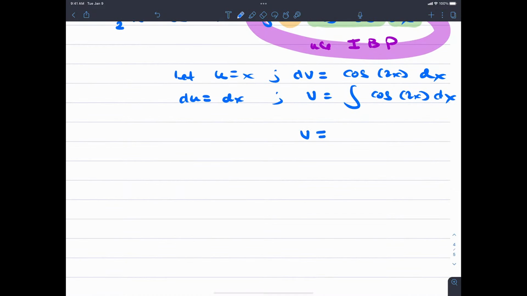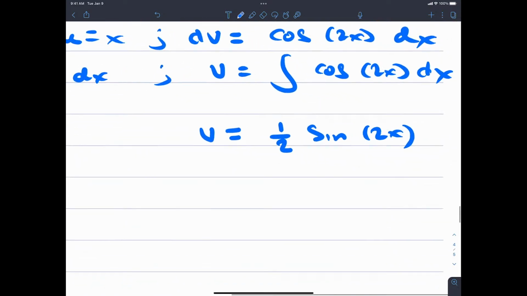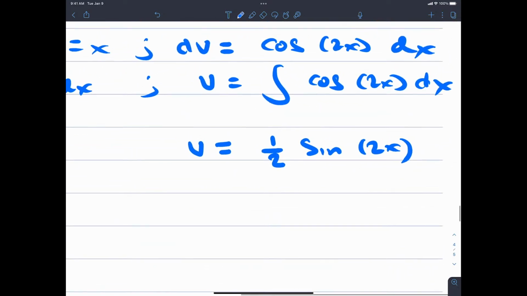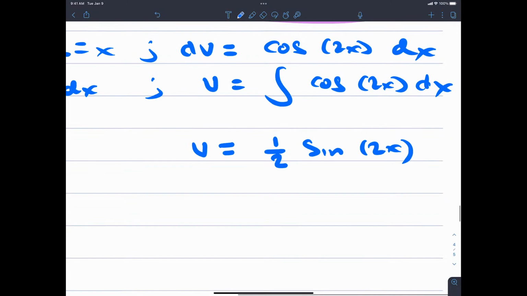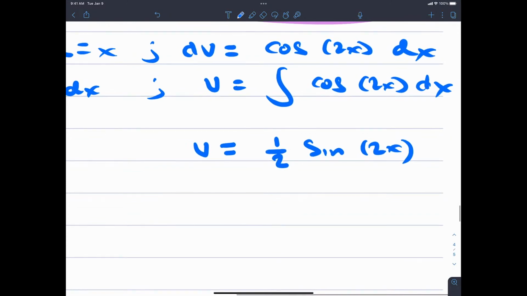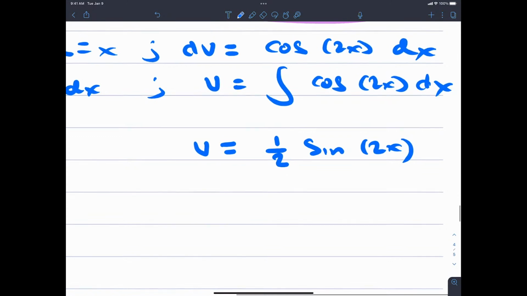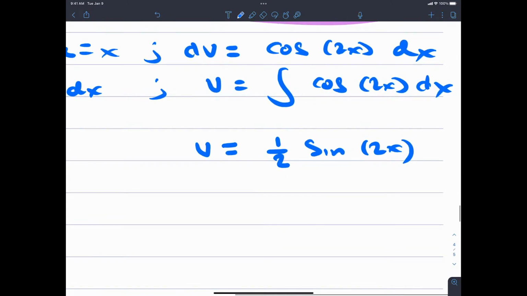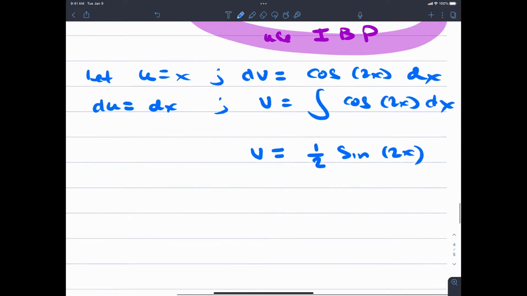You got to know u sub, and that's going to give me 1/2 sine of 2x. The expectation is you guys know how to integrate cosine 2x with that u sub technique. They're not going to go back and start over on u sub.